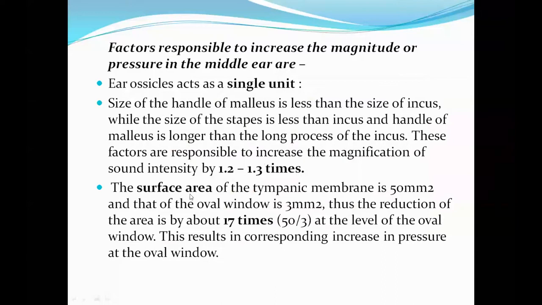Now, the second factor is that the surface area of the tympanic membrane is 50 millimeters square, and that of the oval window is 3 millimeters square. Thus, the reduction of the size is about 17 times at the level of the oval window. This results in a corresponding increase in the pressure at the oval window.